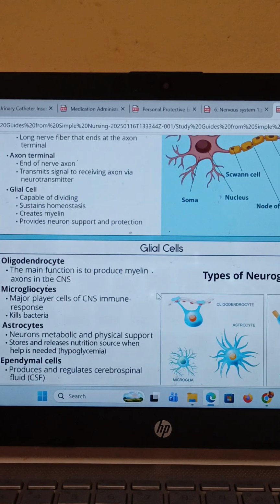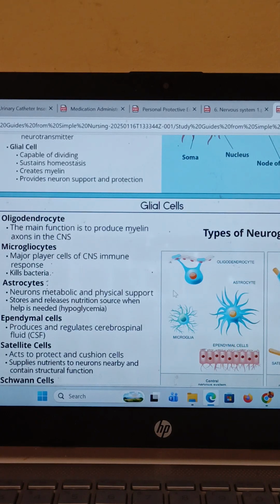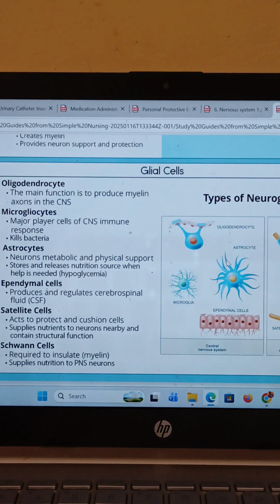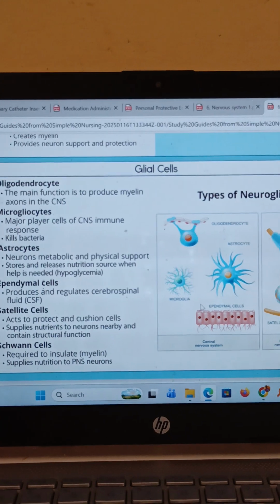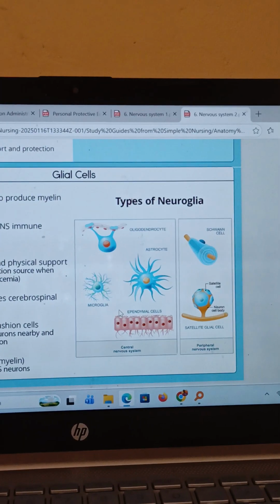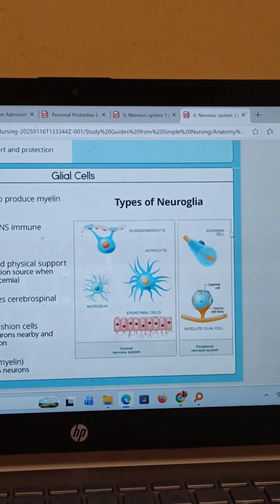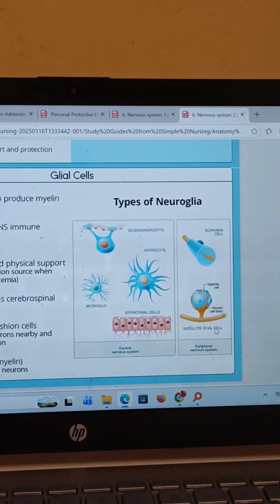Now let's look at the Glial cells. What are the contents of the Glial cells? We have the Microglia, the Astrocyte, then we have the Schwann cell and the satellite Glial cell.